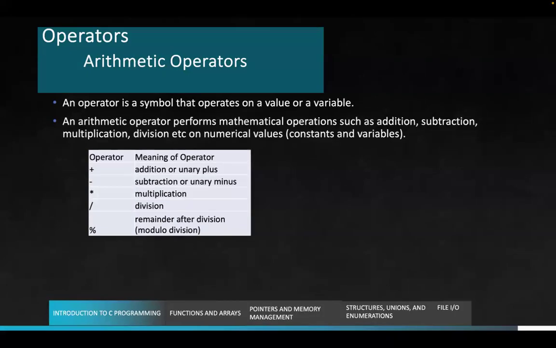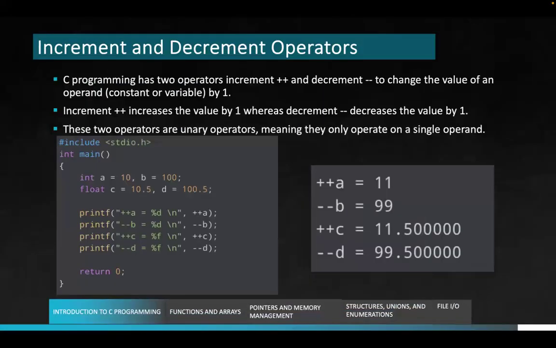Remember, okay? Now next are the increment and decrement operators. In programming, if you want to increment a value by one, you don't need to write variable name plus one again and again. You just use ++ after or ++ before the variable.